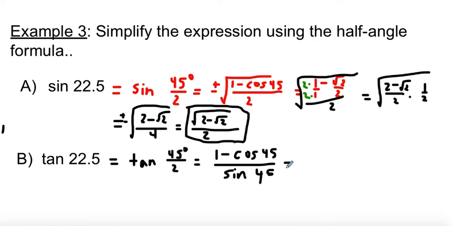Alright, we know that the cosine of 45 there is the square root of 2 over 2. And we know that the sine of 45 there is the square root of 2 over 2.